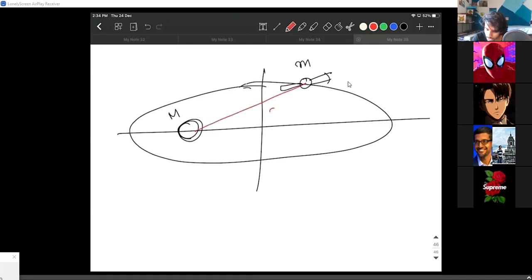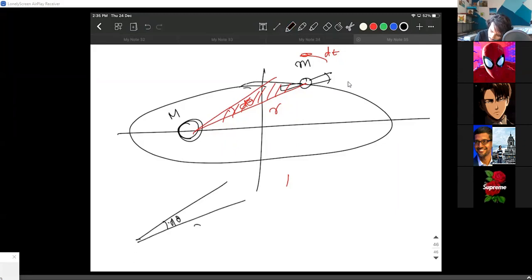Let us call this r. In a small time dt, it covered a small angle d theta. So what is this area? How do you write this area? Since it is so small, let me properly show it to you.